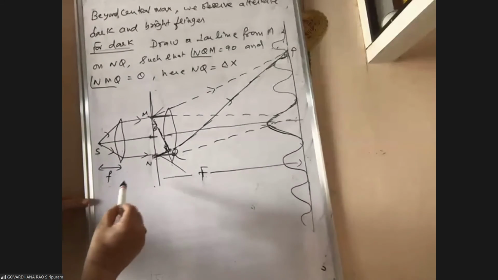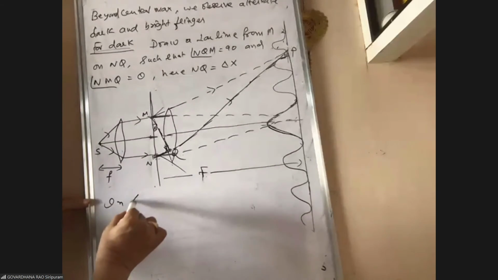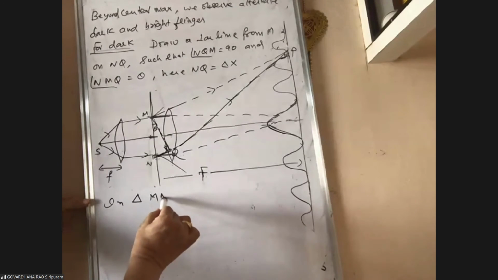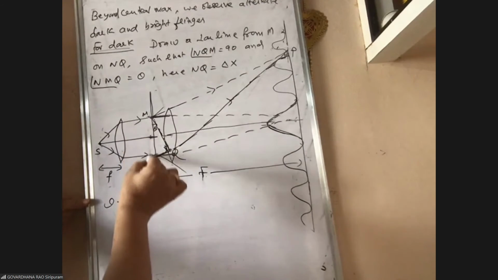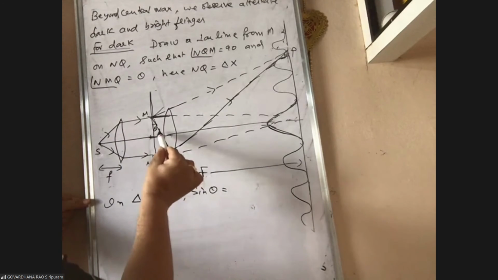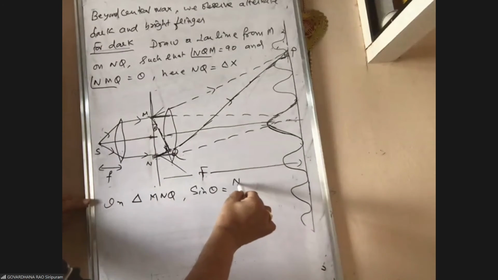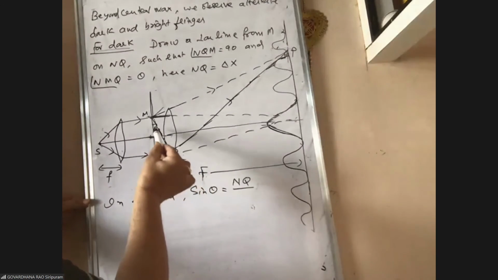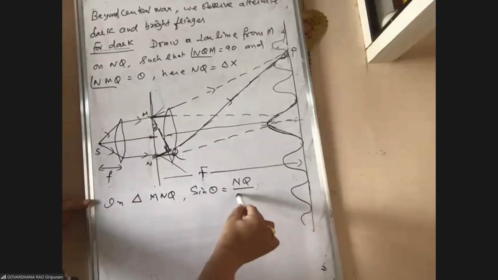In triangle MNQ, sin theta is the opposite side NQ by the hypotenuse MN.